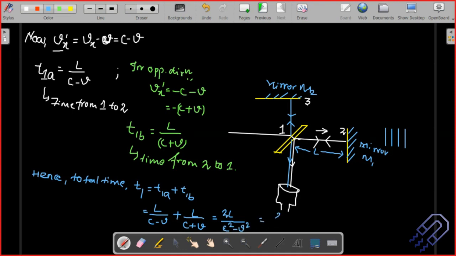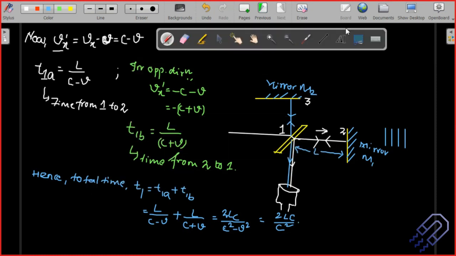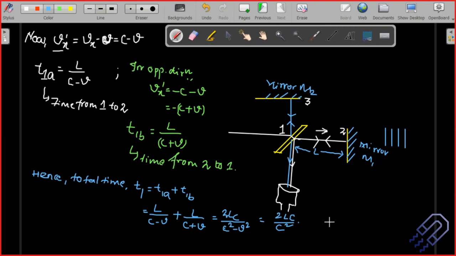So what we can do is we can take c here. Okay, so if we just simplify things. Yeah, 2Lc divided by this. Okay, so Lc divided by c square. Okay, good. In case I'm doing any kind of error, please check.